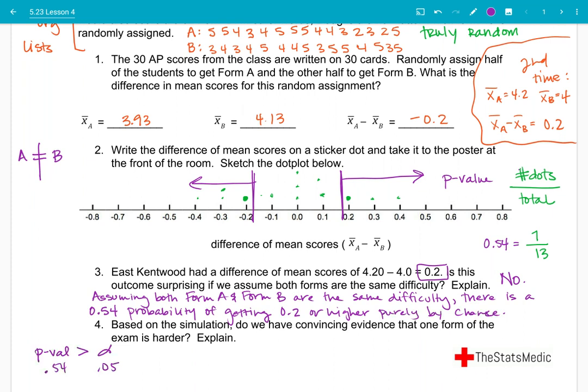We do not have convincing evidence that the true difference in the proportions showed one form was harder than the other. Oh, I said proportions. I'm so sorry. You could tell I'm used to doing those ones. The true difference in means.